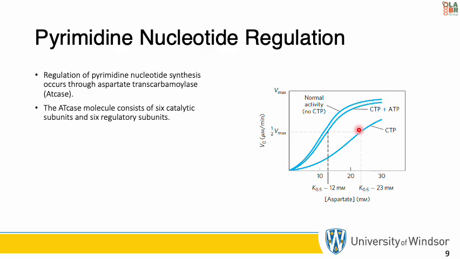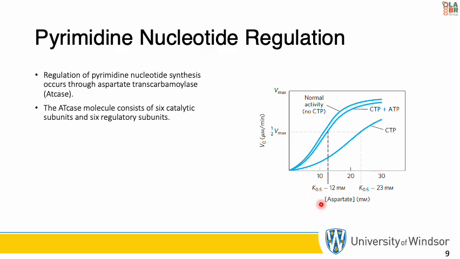However, when you have CTP plus ATP, you actually regain this function by quite a bit. It's not to the same levels as before with no CTP. However, you can see right here that addition of ATP prevents changes induced by CTP. And that's one of the key things you want to take away from this.